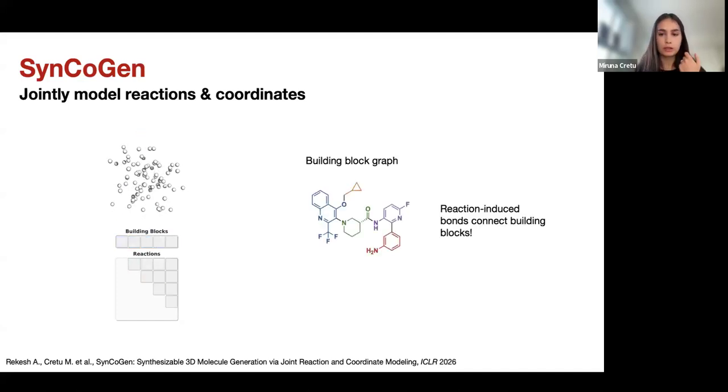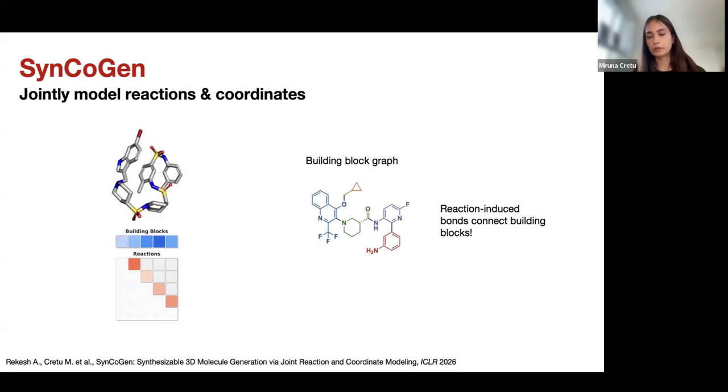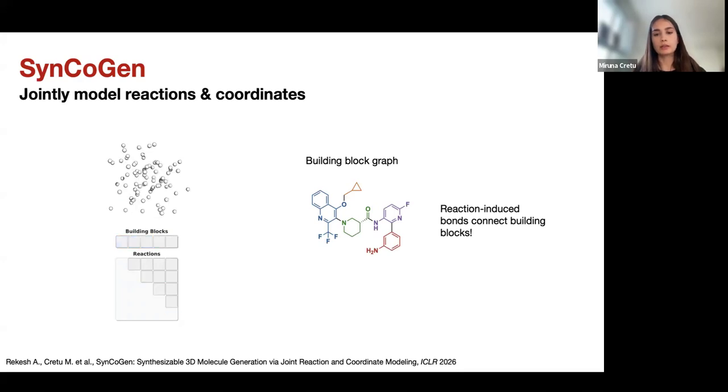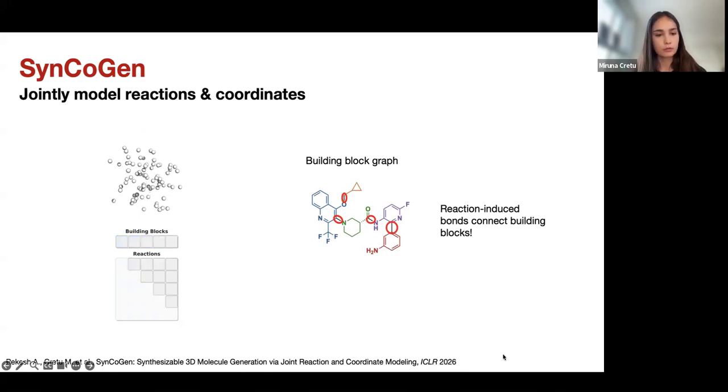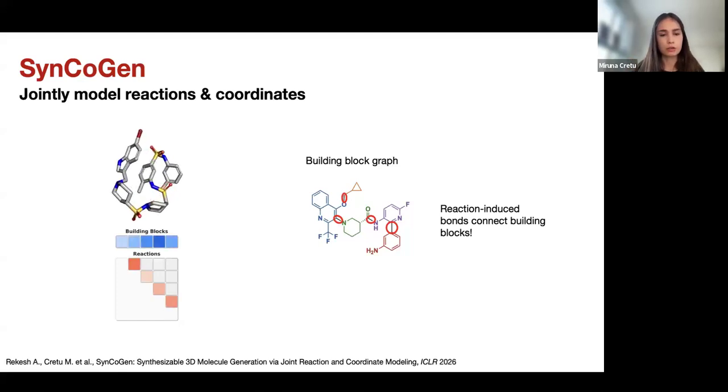And we define this building block graph that we put masks over, and then denoise from masks all the way to the identity of these building blocks. So we have these reaction-induced bonds, which we define as edges, and nodes, which are these differently colored blocks that we want to merge together. This is a paper that's been recently accepted at ICLR, and Andre and I are going to present in less than 2 weeks at another reading group. If you have questions about it, let me know.